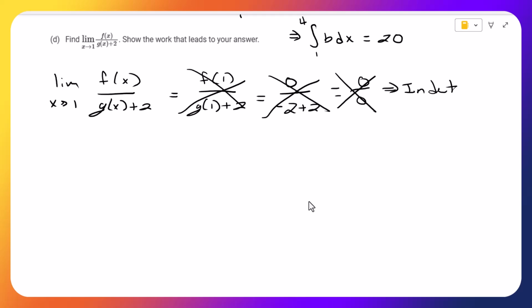But now we can say that our limit as x approaches 1 of f of x equals 0, and our limit as x approaches 1 of g of x plus 2 equals 0. So we can use L'Hopital's rule.